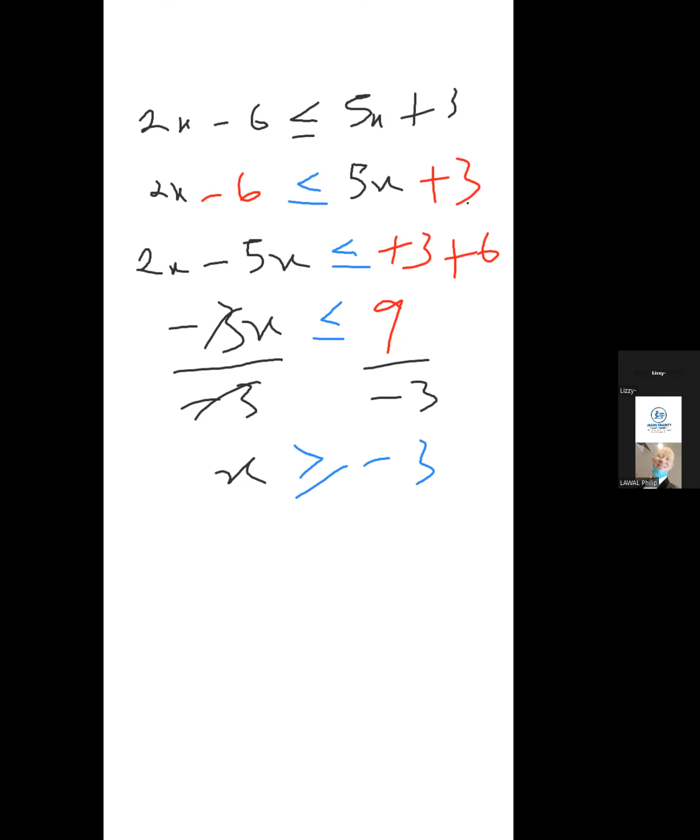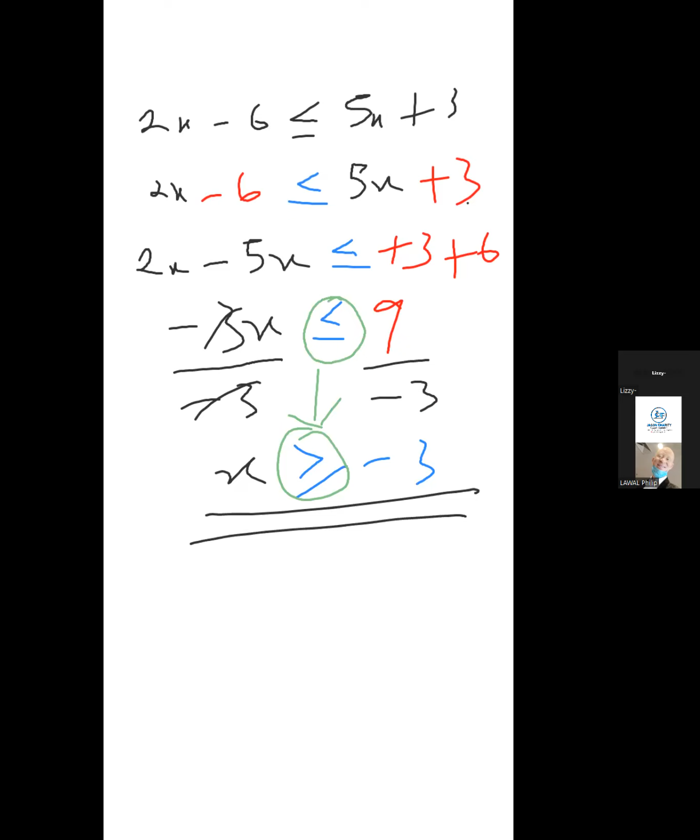The question is, why do we need to change? The first one we didn't change. The second one we didn't change. Why are we changing this? The sign changes from less than or equal to, and it becomes greater than or equal to. What has happened? Is it not the same way we did the first one that we are doing this one?